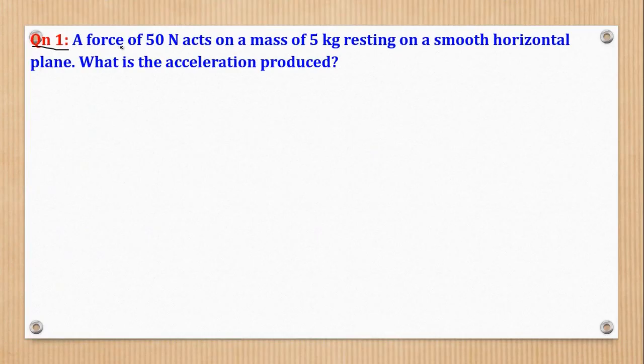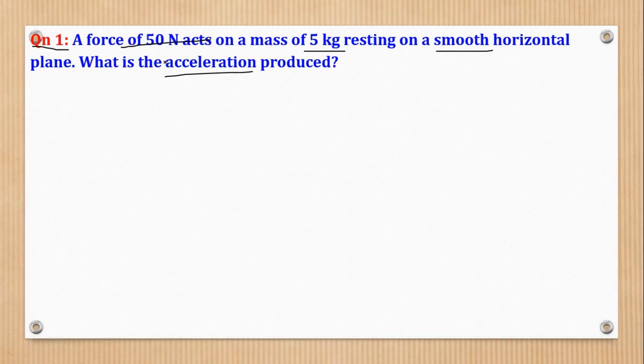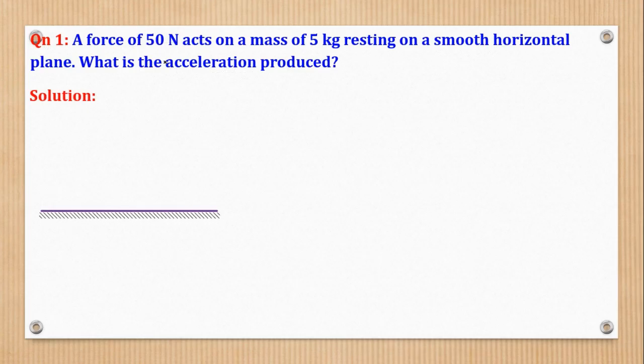Question 1: a force of 15 Newton acts on a mass of 5 kg resting on a smooth horizontal surface. What is the acceleration produced? So we shall need to illustrate. Surface, then the particle, then we shall put the weight because there is a mass.